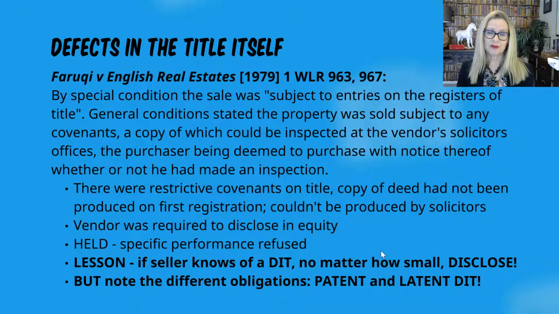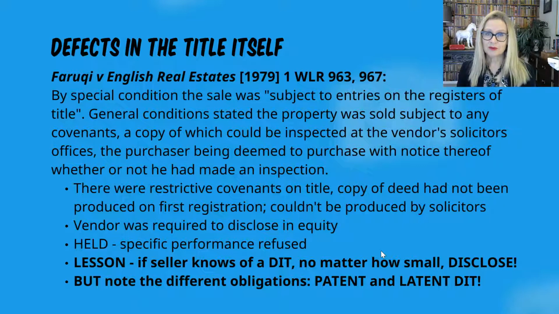Now, the problem for the seller was that there were in fact restrictive covenants on title. However, when these covenants were originally registered, a copy of the deed of the restrictive covenants had not also been lodged at the titles office. So the seller couldn't have got a copy of it. Obviously, the solicitors for the seller couldn't have produced it according to that general condition for inspection by the buyer.